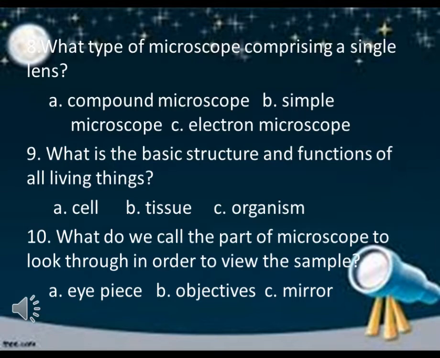A. Compound microscope. B. Simple microscope. C. Electron microscope. 9. What is the basic structure and function of all living things? A. Cell. B. Tissue. C. Organism. 10. What do we call the part of the microscope to look through in order to view the sample? A. Eyepiece. B. Objectives. C. Mirror.